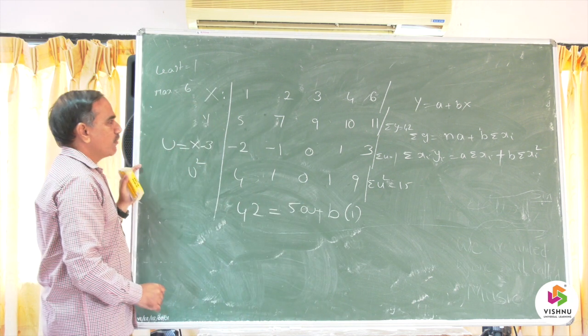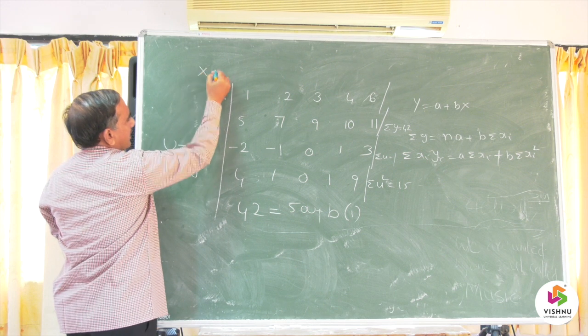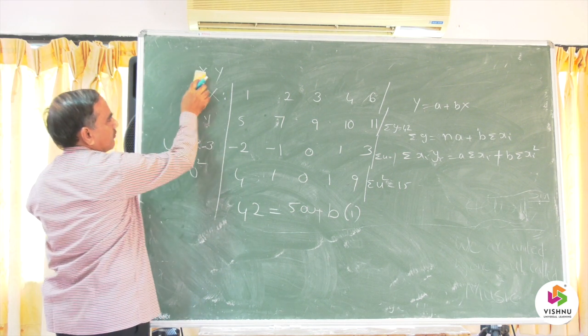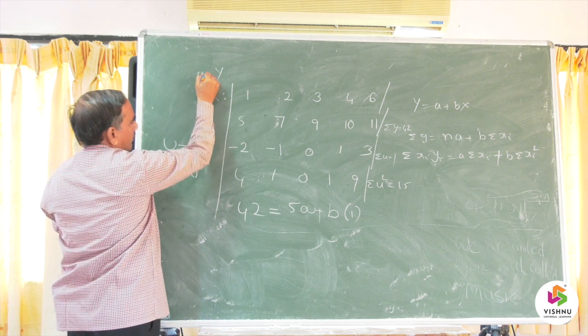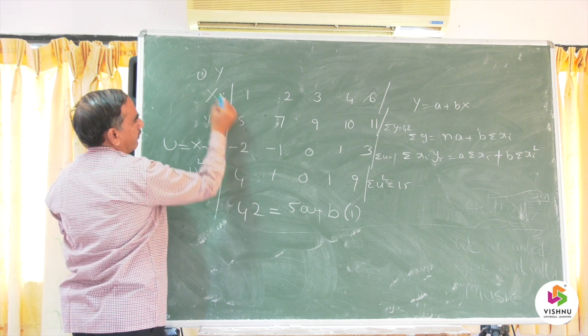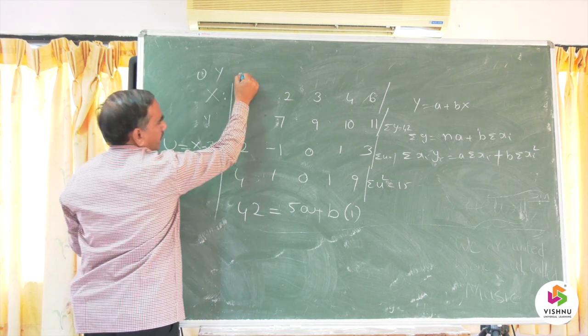Another equation, sigma x into y. For that we need one more column, x into y, but we have no value of x. In that place we have to use u into y. So u is equal to minus 2, y is equal to 5. X into y means u into y. So minus 2 into 5, minus 10.